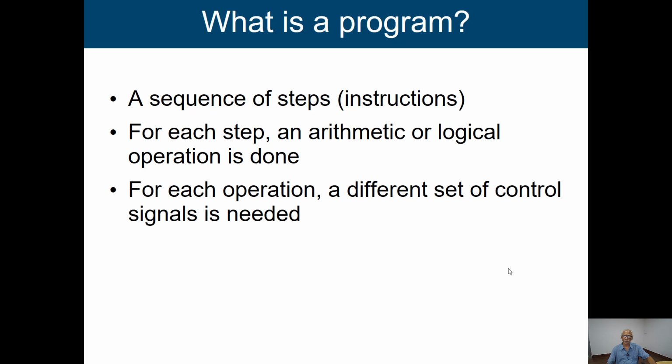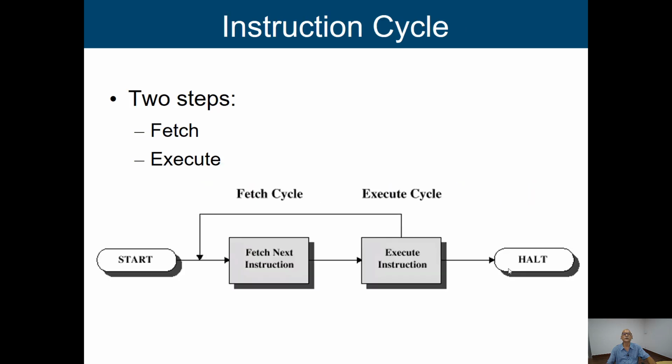So now what is a program? Already we have mentioned that it is nothing but a sequence of steps, and every step may be treated as an instruction. And in every step basically we do some arithmetic and logic operation which is performed in your ALU. And for each operation we have to generate a different set of control signals.